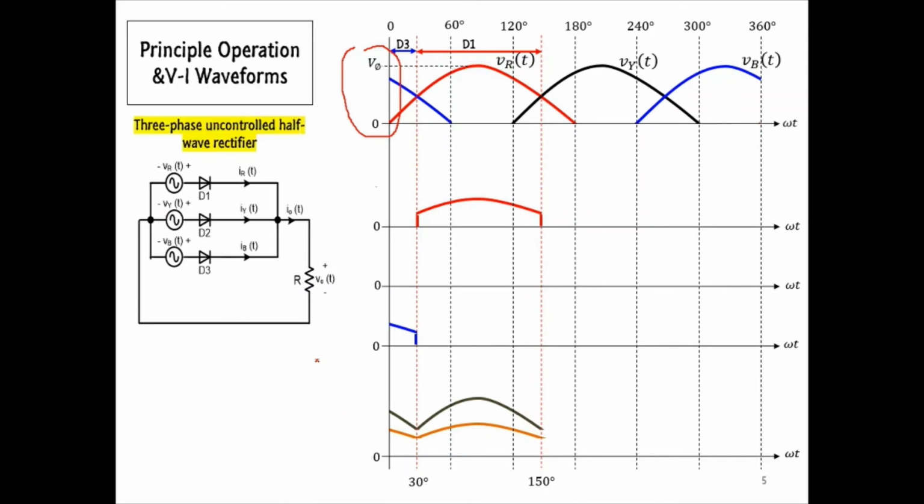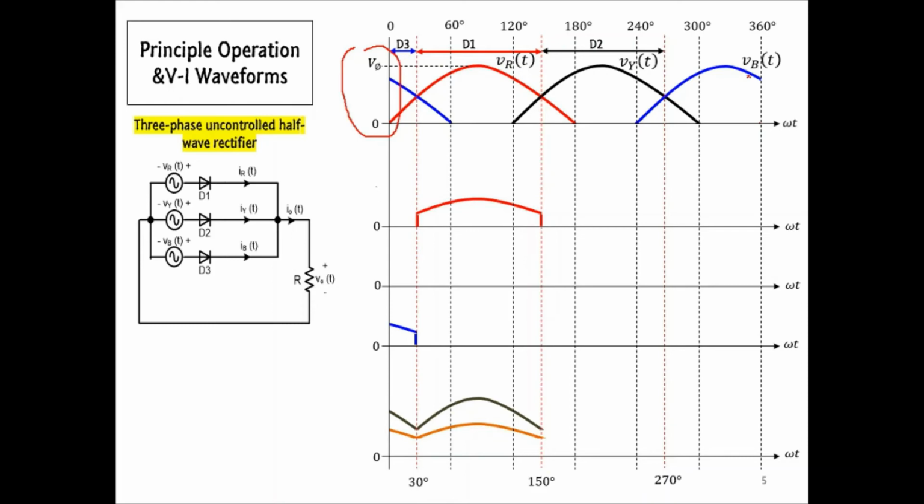Subsequently, after the second intersection point, we can see the yellow voltage has the highest amplitude value. Therefore, diode D2 will turn on until the next intersection point. After the last intersection point, we can see that the blue voltage has the highest amplitude value.